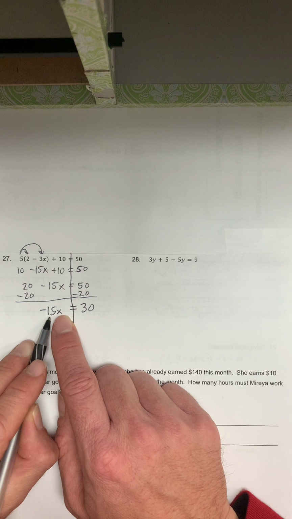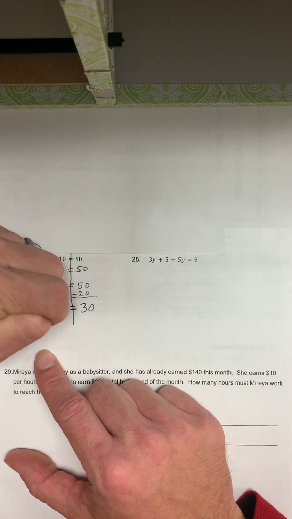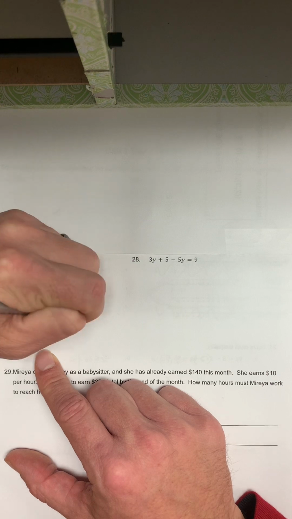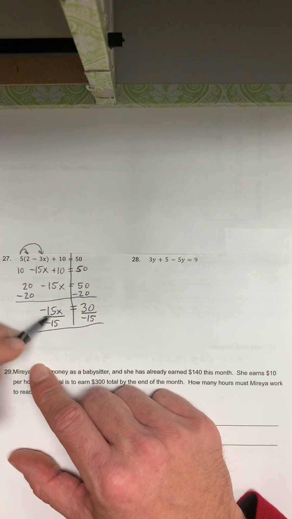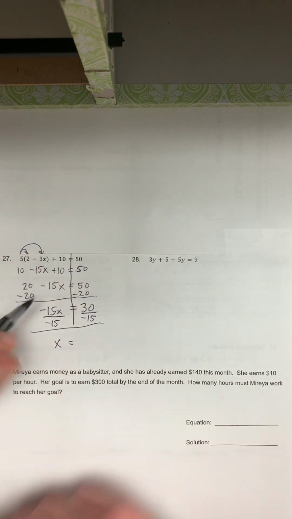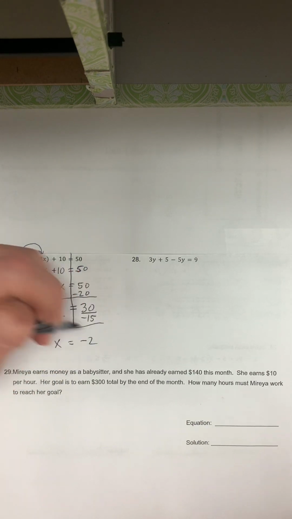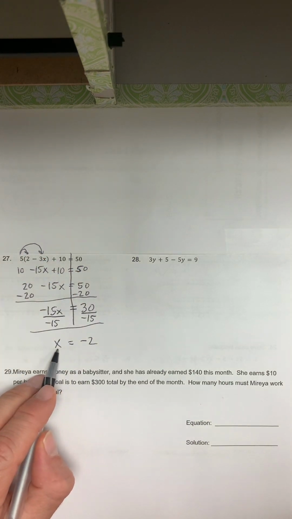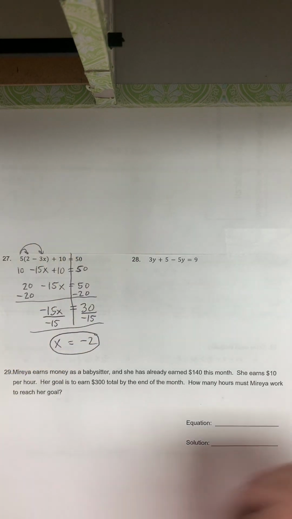So I'm going to move the negative 15 by dividing, because the opposite of multiplying is dividing. So divide by negative 15, divide by negative 15. Okay, so these negative 15s cancel out. The only thing left over here is the x. And 30 divided by negative 15 is negative 2. So I finally have x by itself, which means I've solved. So x equals negative 2. We did it.